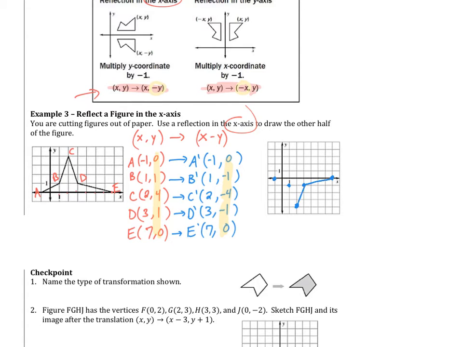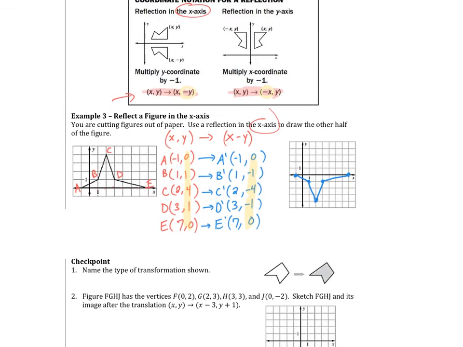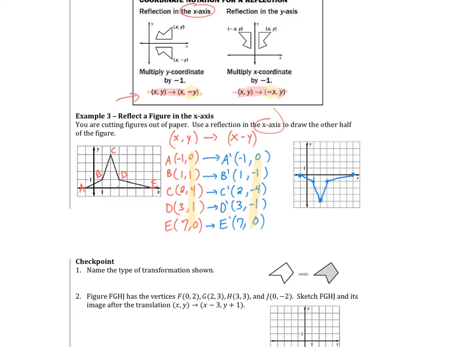So to connect these dots, that's what the new shape will look like. It basically took the old shape and it flipped it over the x-axis. So it flipped it from top to bottom. Okay, that's what a reflection looks like.